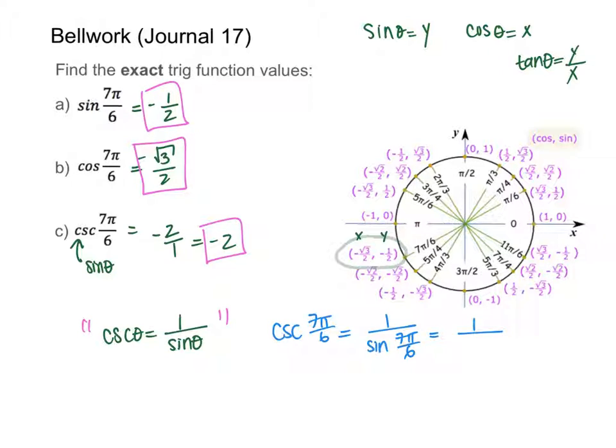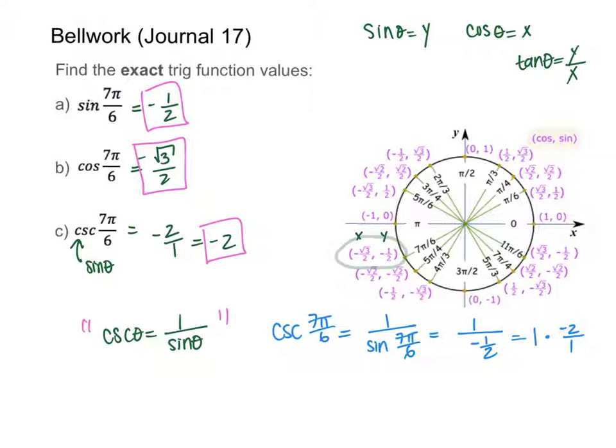So if I were to answer what sine 7 pi over 6 is, well, that's negative 1/2, just the value we got from before. But 1 over negative 1/2, this is division. What's 1 divided by a fraction? Well, you have to flip this fraction so you can multiply by the reciprocal. So that would mean 1 times negative 2 over 1.